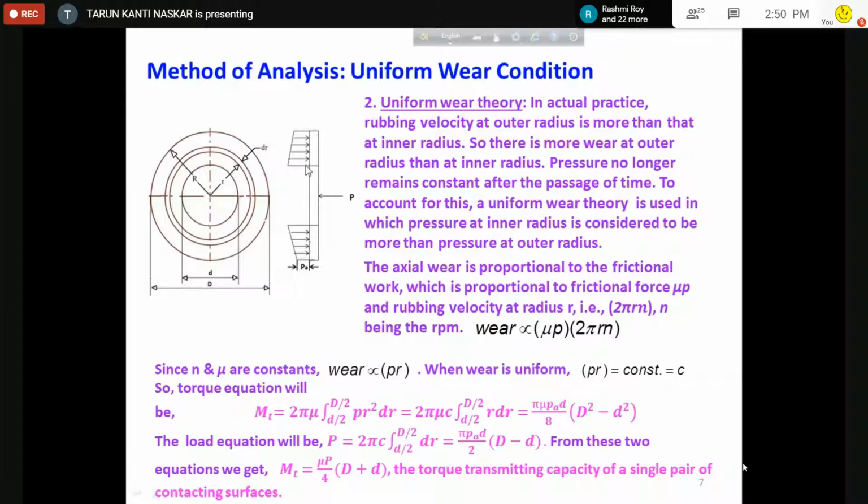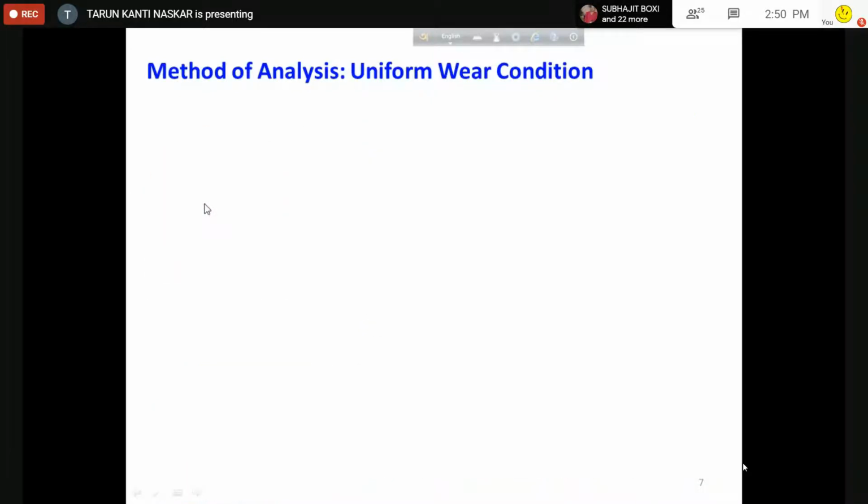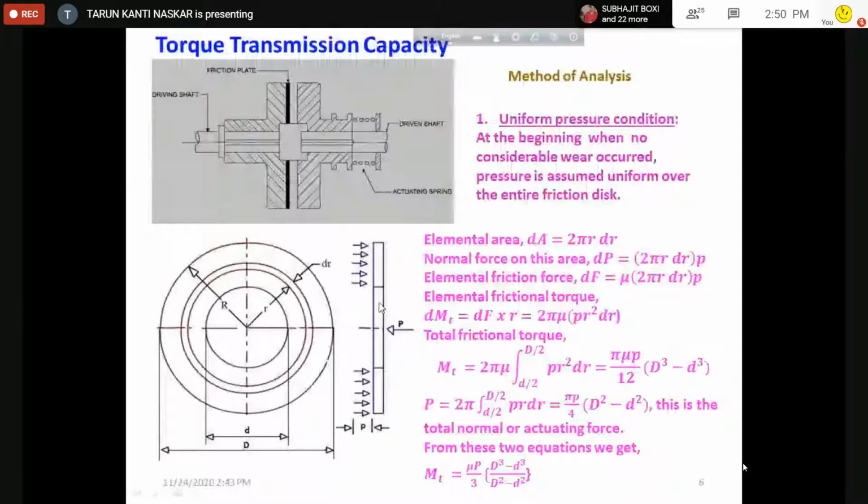Now for uniform wear condition, you see at the outer radius the pressure is lower than at the inner radius region, whereas in uniform pressure situation, this is the distribution of force.